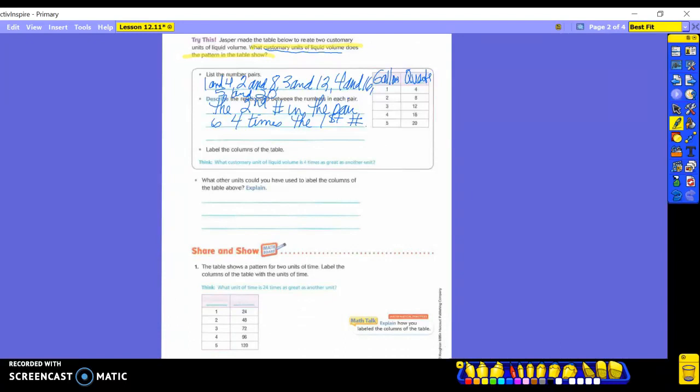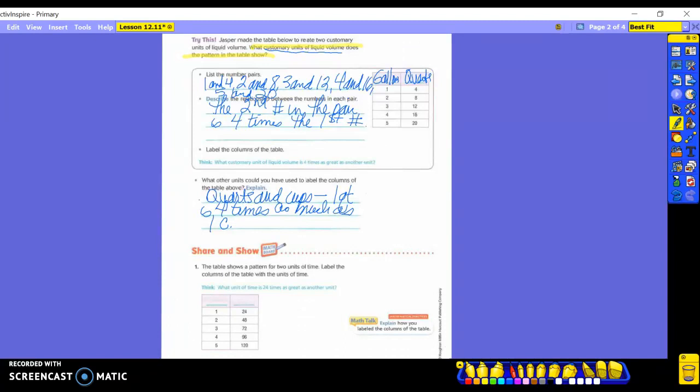Cups, exactly. So you could use quarts and cups because 1 quart is 4 times as much as a cup. So we're going to write that here as quarts and cups. And you're going to say 1 quart is 4 times as much as 1 cup. So there may not just be one correct answer on some of these.